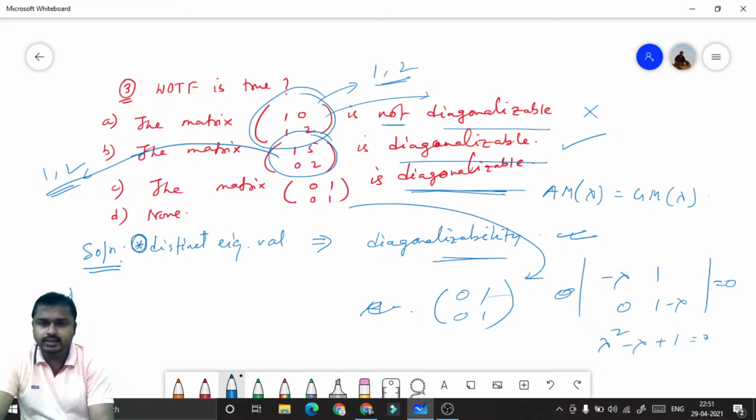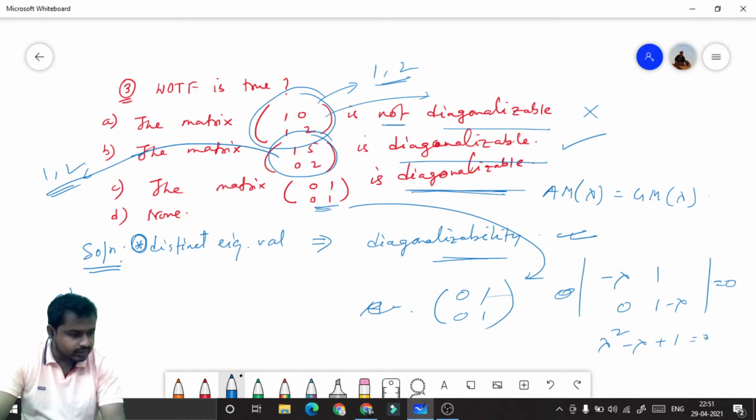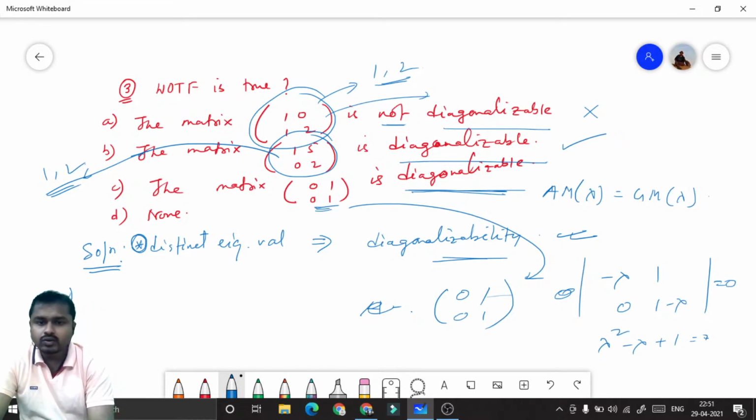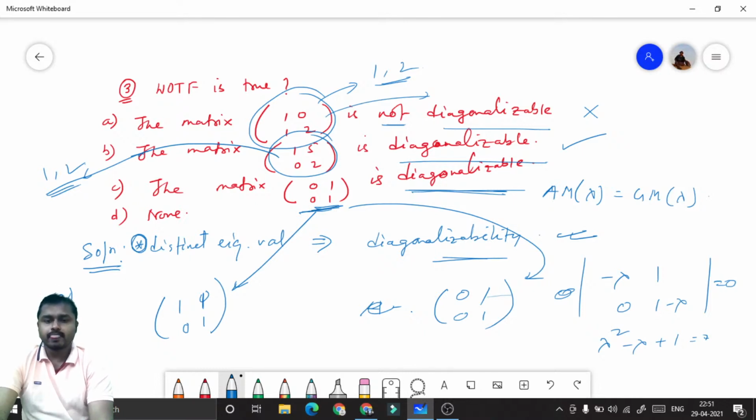No, this matrix has changed. This question is wrong. I think it is 1 1 0 1. This is the question. So here just rectify the problem. It is 1 1 0 1. This is the matrix.